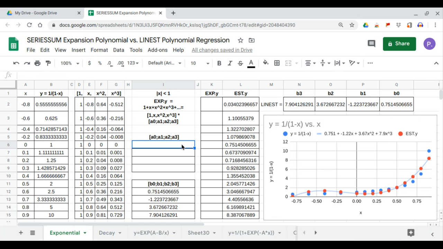Next, we calculate the expansion. From here, the coefficient is 1. So the coefficient of A0, A1, A2, and A3 is 1.